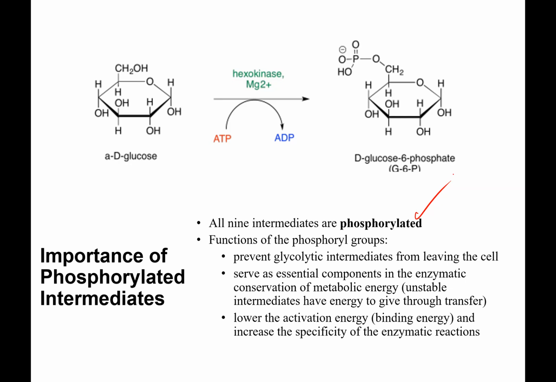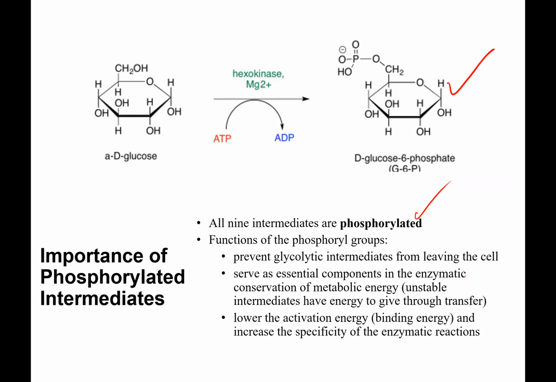Well, one of the very first things it can do is prevent glycolytic intermediates from leaving the cell. We have these glucose transporters, right? So once we get them in the cell, we may want them to stay there. Glucose 6-phosphate is a prime example of that. It's the very first step of glycolysis. We phosphorylate glucose and it can no longer leave the cell unless it gets dephosphorylated, but it most likely won't.